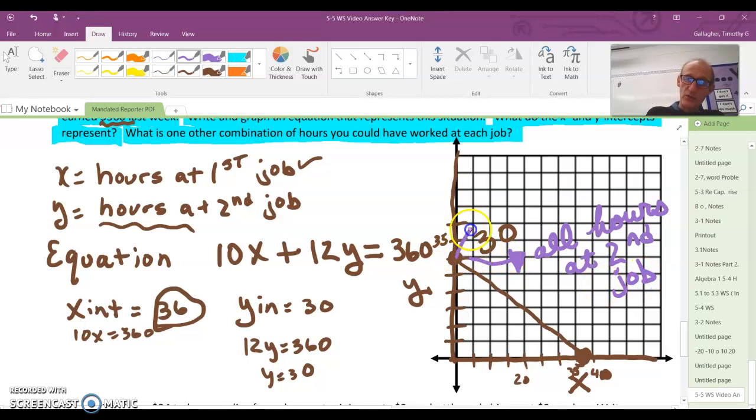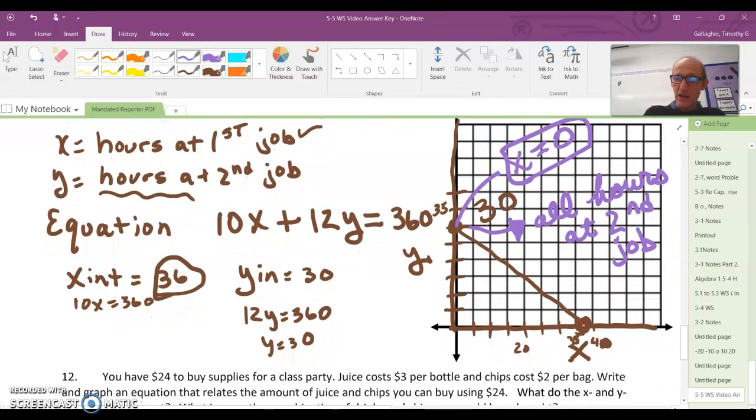Because x equals 0 on the y-axis. Okay? So the x-intercept would represent all hours at first job. Now, I'm going to stop the video because I am out of time.